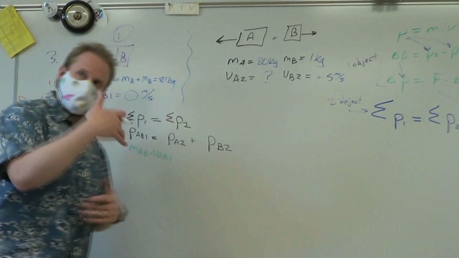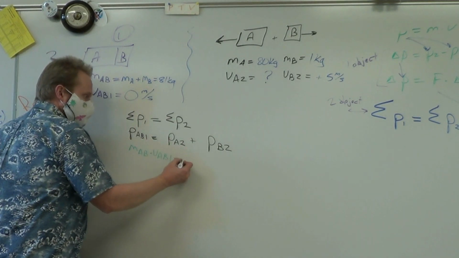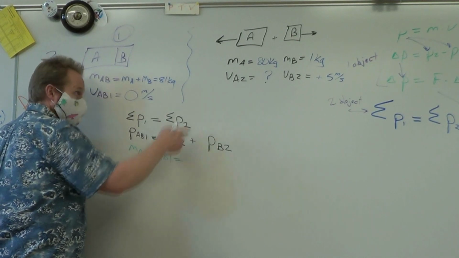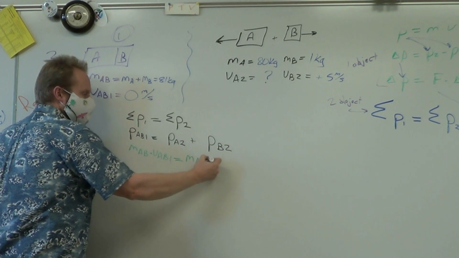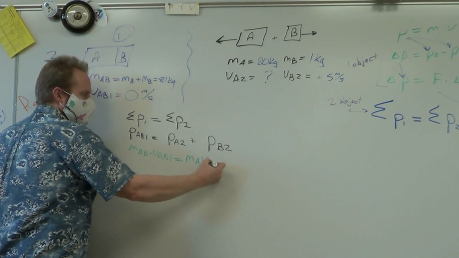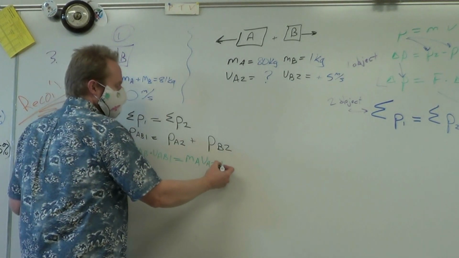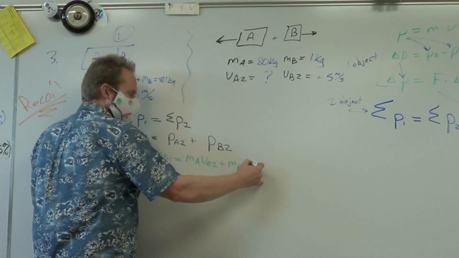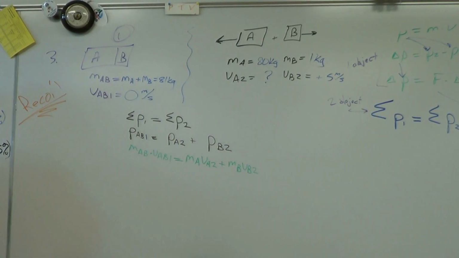So if we're talking about the momentum of object AB, we need the mass of AB, we need the velocity of AB before she throws the wrench. Equals the momentum of object A at location 2. So momentum is mass times velocity, so it's the mass of object A times the velocity of object A after the collision or interaction, plus the momentum of object B, which is the mass of object B times the velocity of object B at location 2.